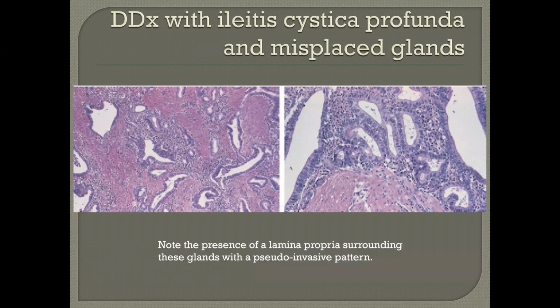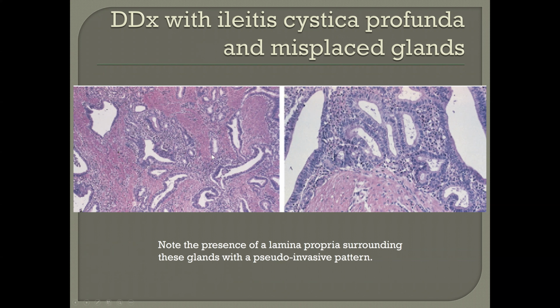So there is an entity that is not commonly encountered, but can be seen, which is called ileitis cystica profunda. We have comparable lesions in the stomach. And the distinction between this and invasive carcinoma is largely based on the sort of distinction we might use with adenomyosis in the endometrium and myometrium.